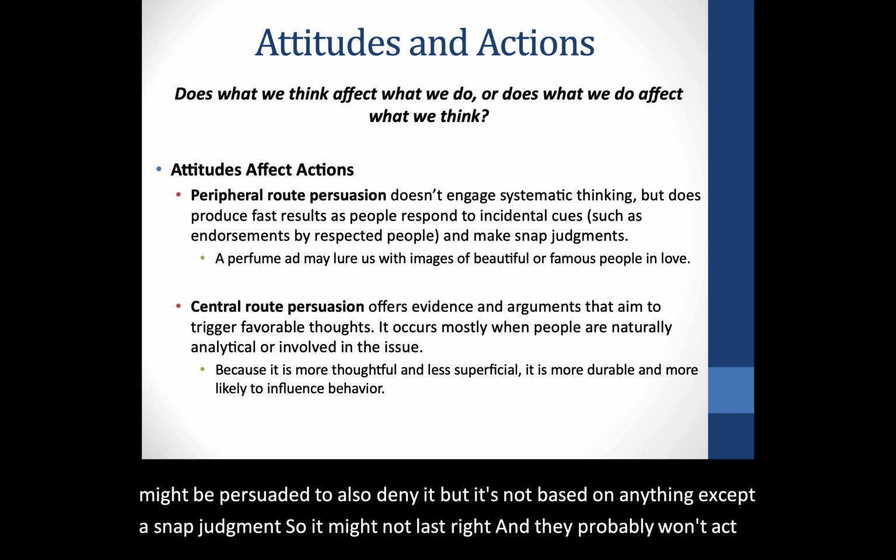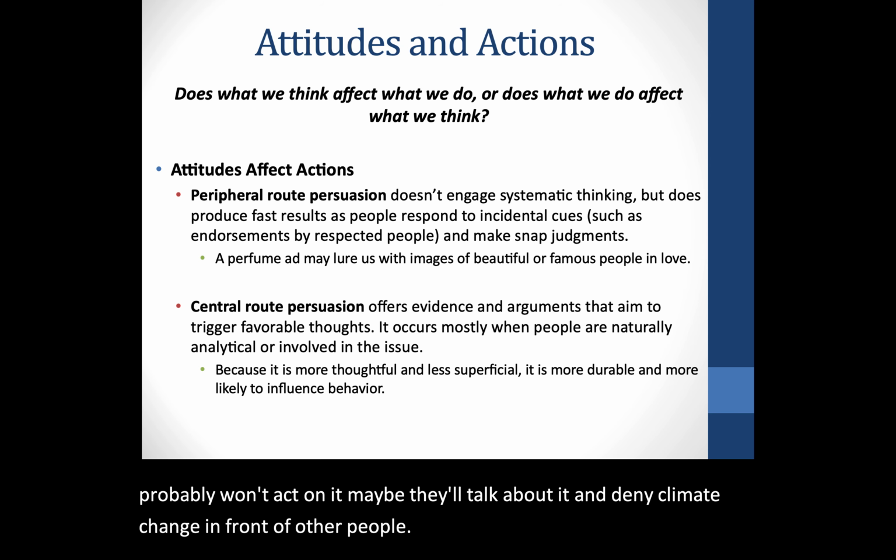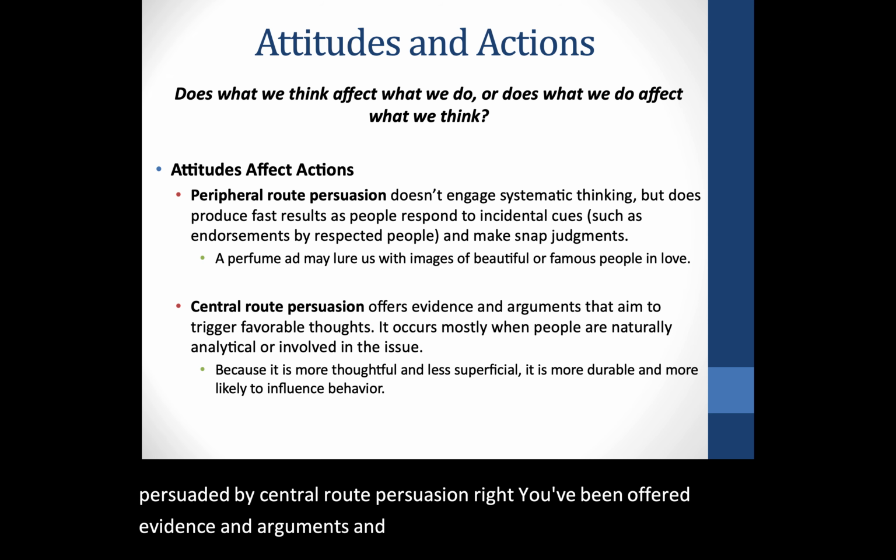Maybe they'll talk about it and deny climate change in front of other people, but they're probably not going to act on it. Whereas if you're persuaded by central route persuasion, right, you've been offered evidence and arguments, and now you have a foundation, right? It's more real, so you're more likely to act on it, and you're more likely to continue to have that attitude long after the persuasion has happened.